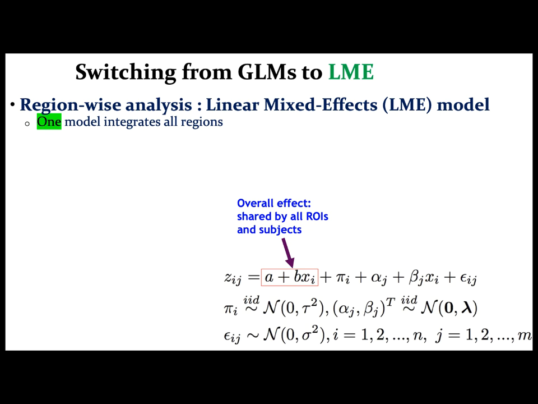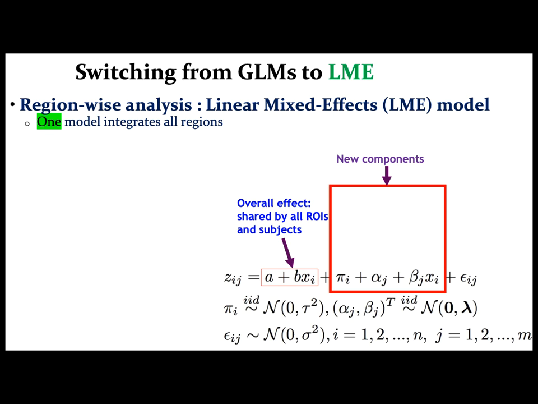But there's a difference: I don't have an index for the intercept and the slope, because that part is shared by all the subjects and all the brain regions. The i is the subject, the j is the ROI. That's why the behavior has the index xi: that's the behavior for each subject. So this part is shared by all the regions and all the subjects.